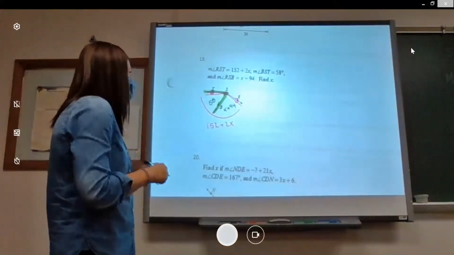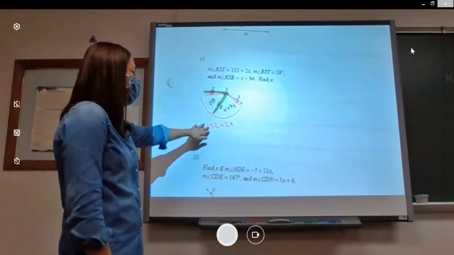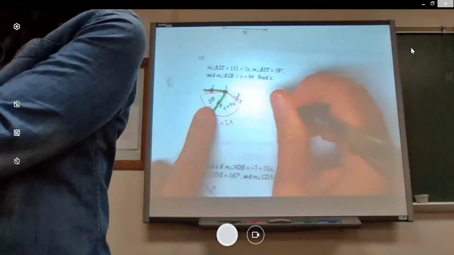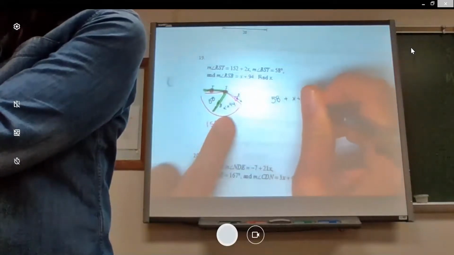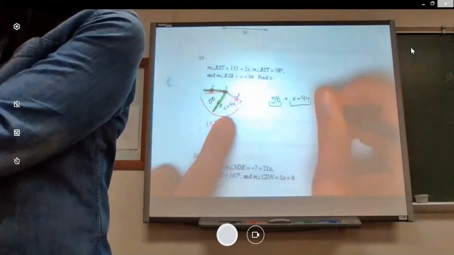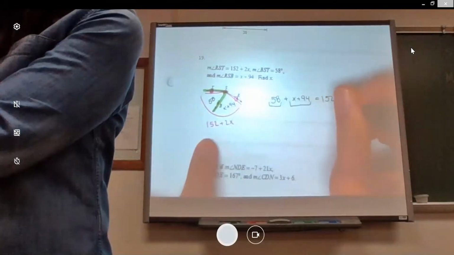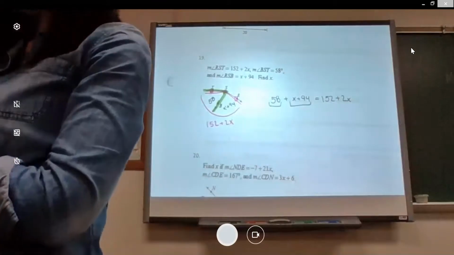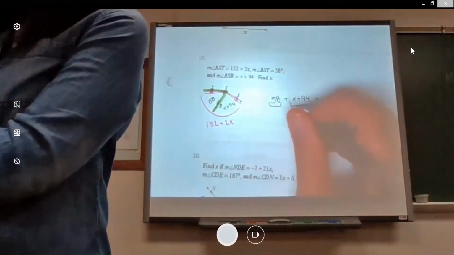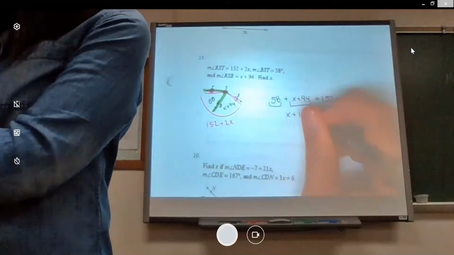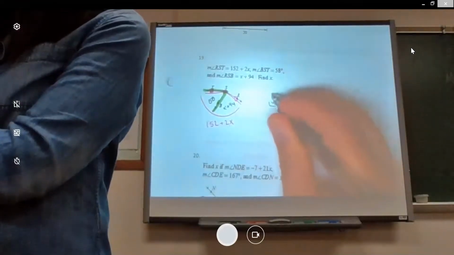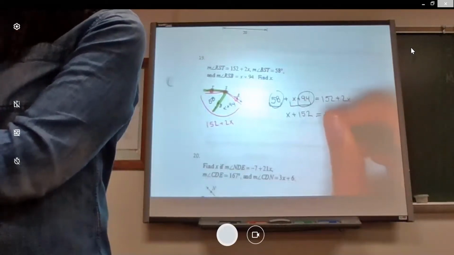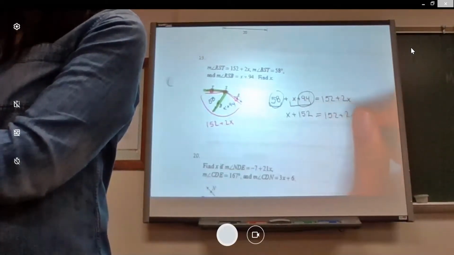Once I have my angles labeled, now it's the same as segment addition, where I'm saying one piece here plus another piece here. So this plus this is going to equal my whole angle. There's my setup. Or x plus 152, adding these 58 and 94 together, equals 152 plus 2x.